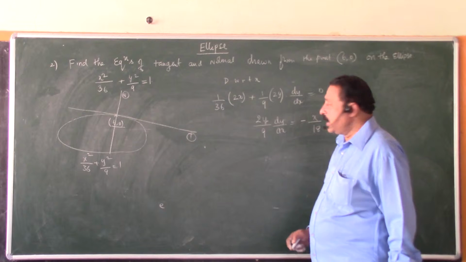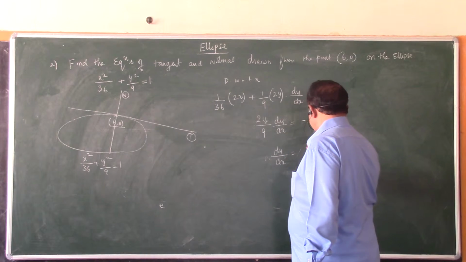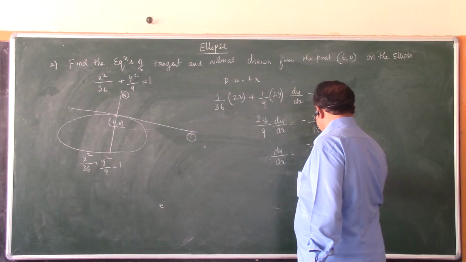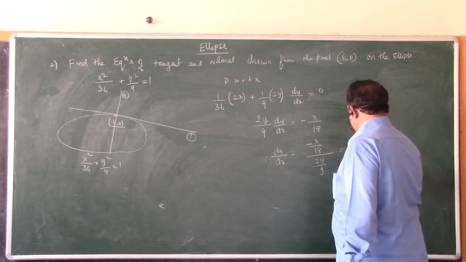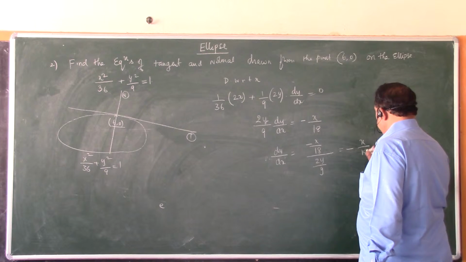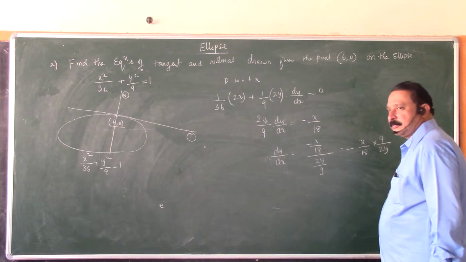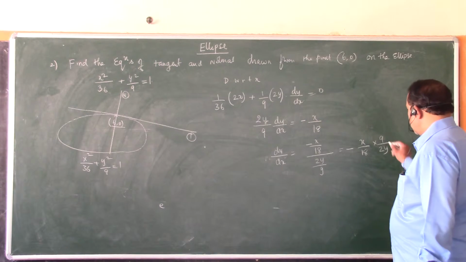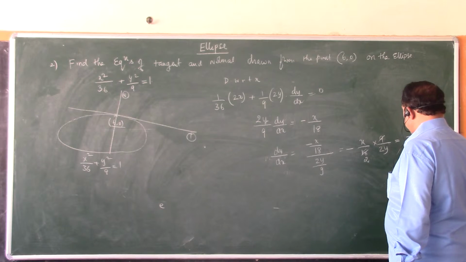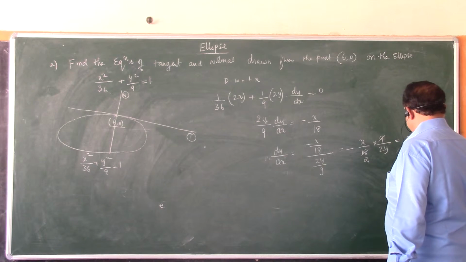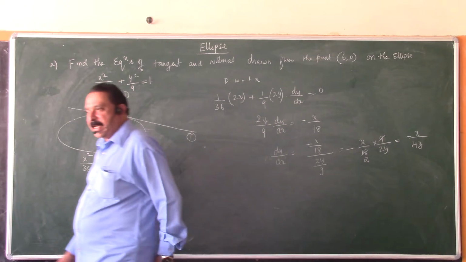Therefore dy by dx is minus x by 18 divided by 2y by 9. That is equal to minus x by 18 into 9 divided by 2y. So here you can cancel. That is minus x divided by 4y. This is the value of dy by dx.